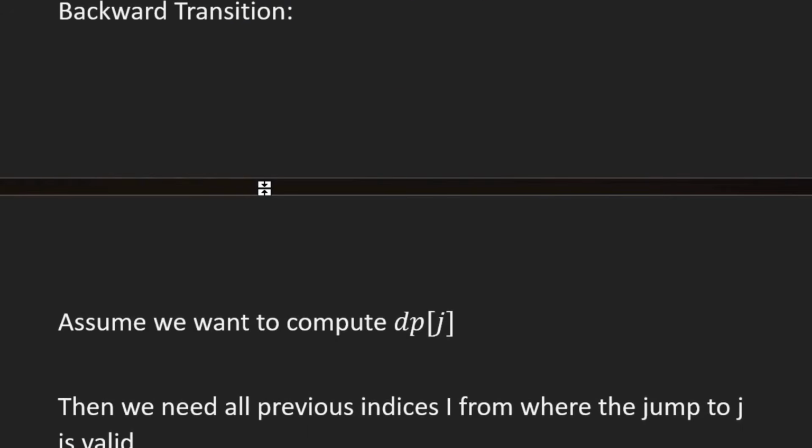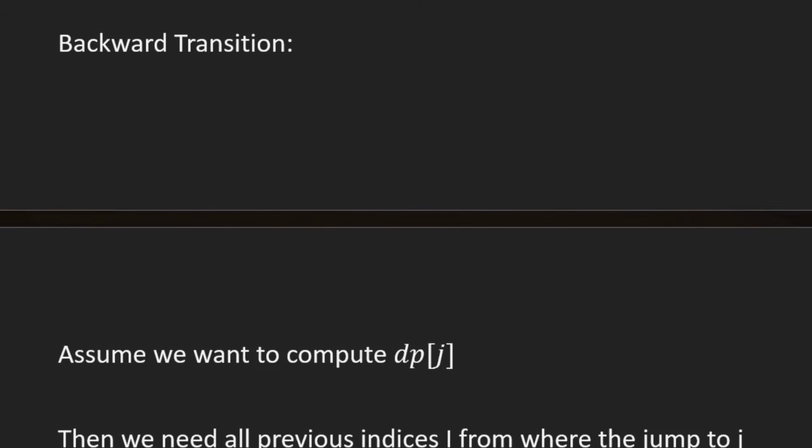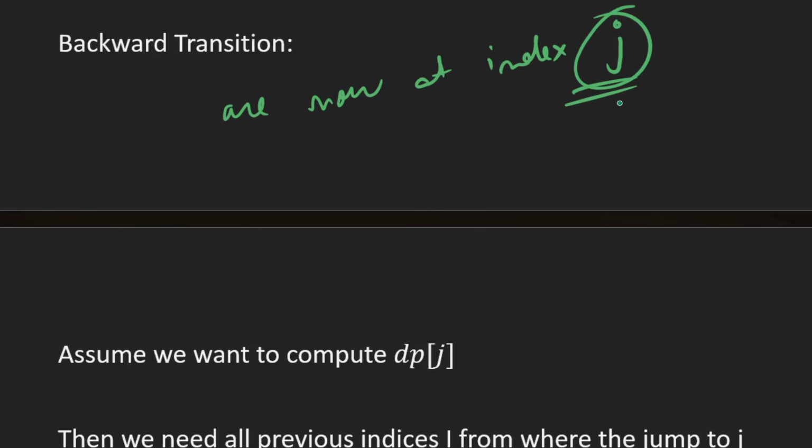Similarly, we could have taken backward transition also. So in backward transition, we assume that we are now at index j. What we think is, what are the previous indexes i which are lesser than j?